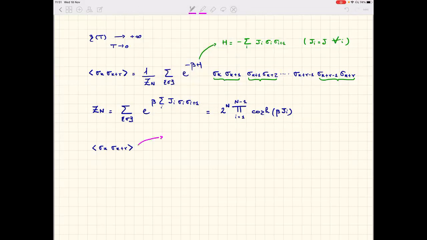I notice that if I take a derivative of Zn written up there with respect to beta ji, what I obtain is a sum over sigma of e to the beta h times sigma i plus 1.